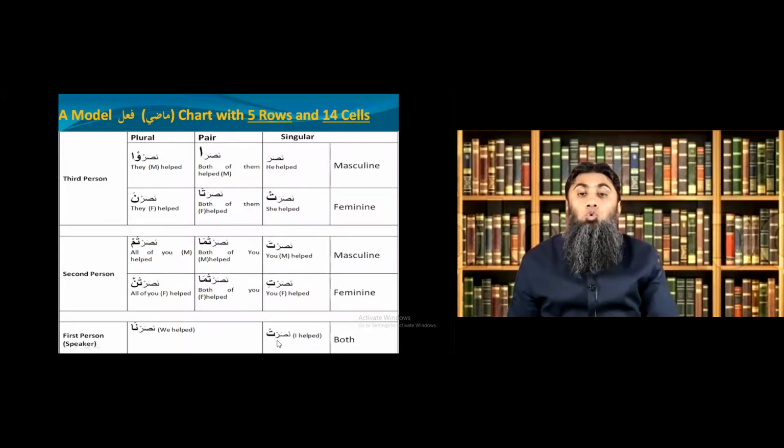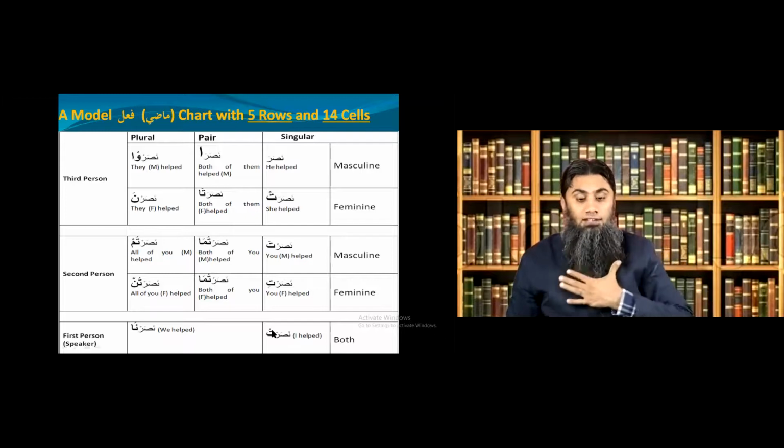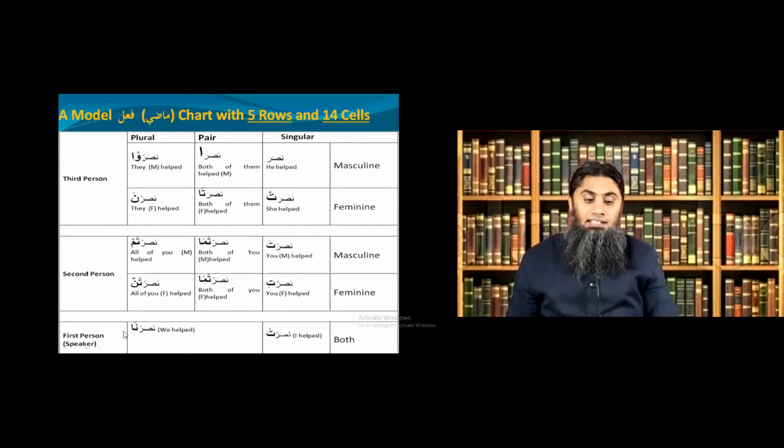Clear? Nasartu, ta with dhamma. This ta with dhamma ending will tell you that this time the doer is myself, I. And nasarna, this na ending will tell you that this time the doer is we. Now, please pay attention. In all of them, they have noon, sad, ra.